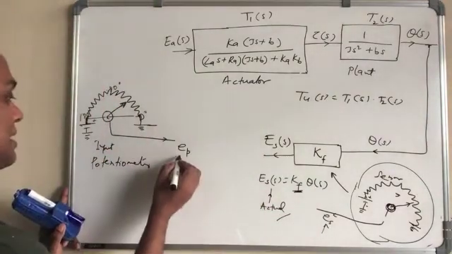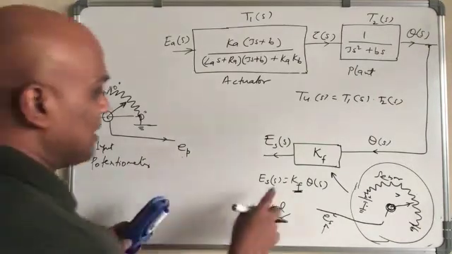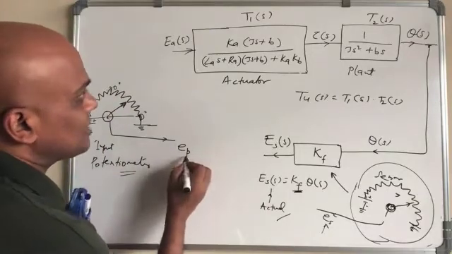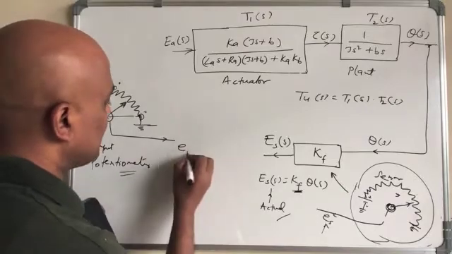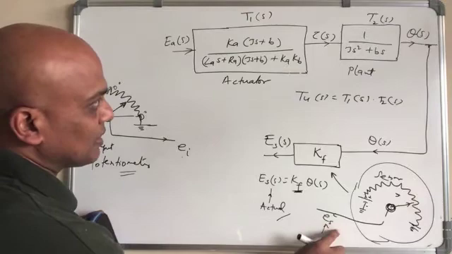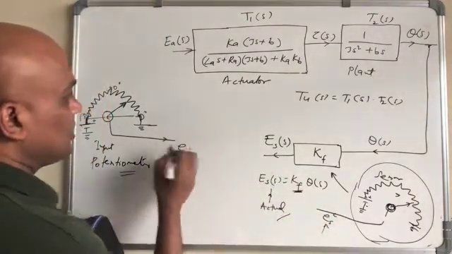This is the desired one, EP, the potentiometer. This is E for potentiometer, the input potentiometer, so we can also call it EI, I for input. And this is ES, S for the sensor.